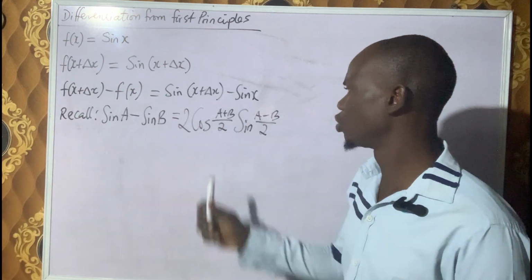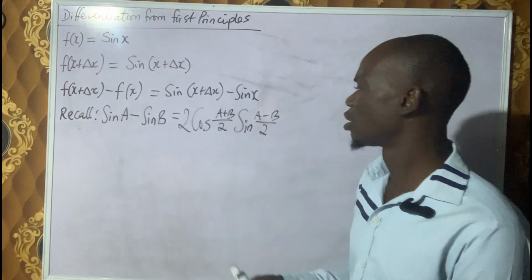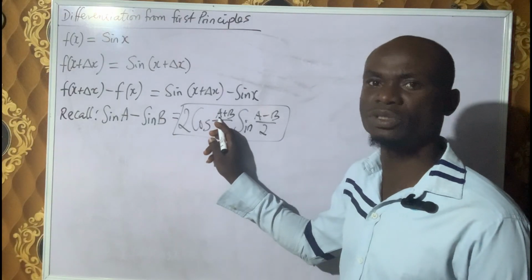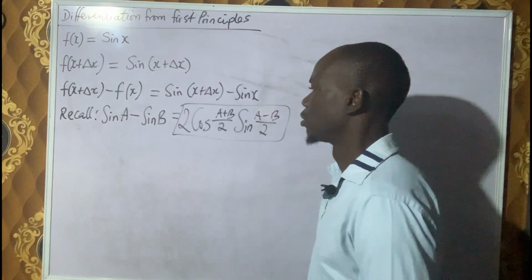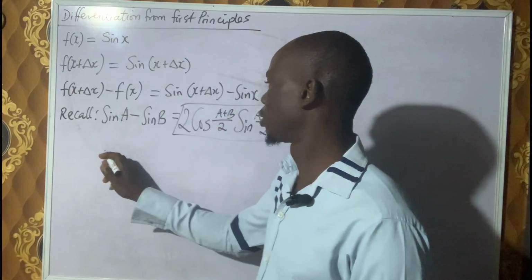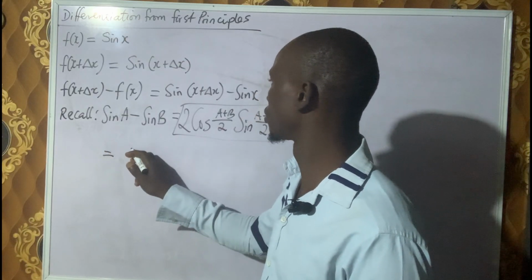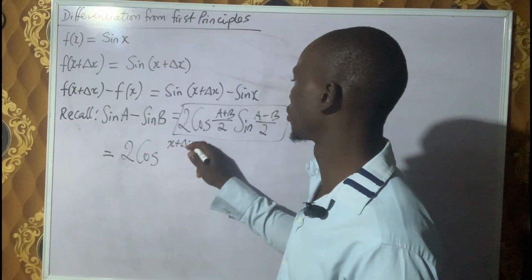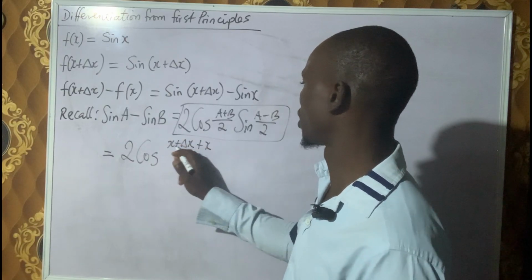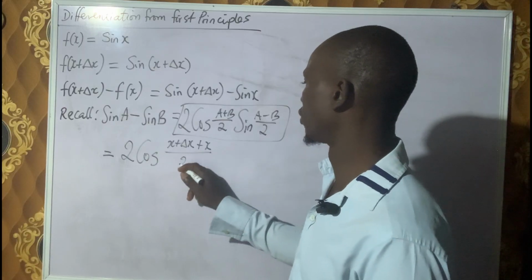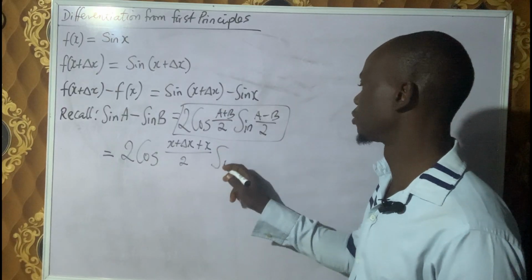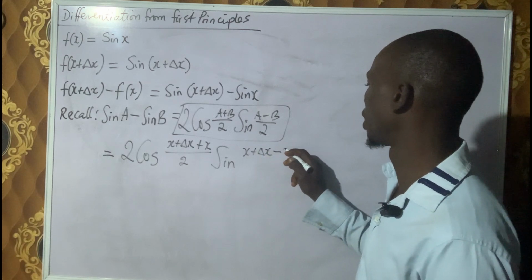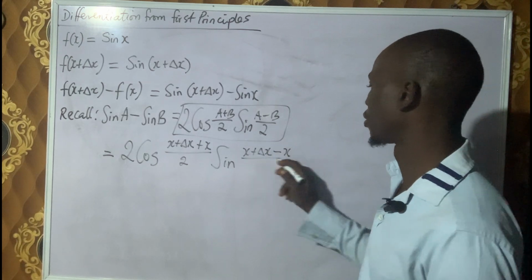So all I need to do is to replace it with this expression, knowing that A is x plus delta x and B is x. Okay, so let's substitute. If we substitute, that will leave us with 2 cos of x plus delta x plus x, which is A plus B, all over 2, sine of x plus delta x minus x, which is A minus B, all over 2.